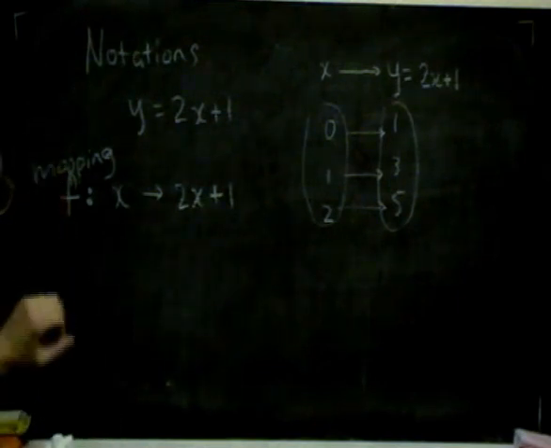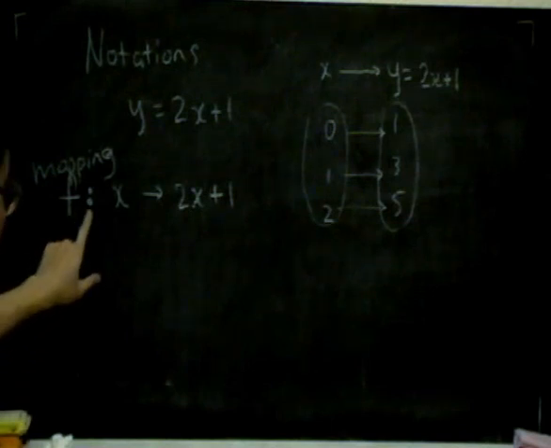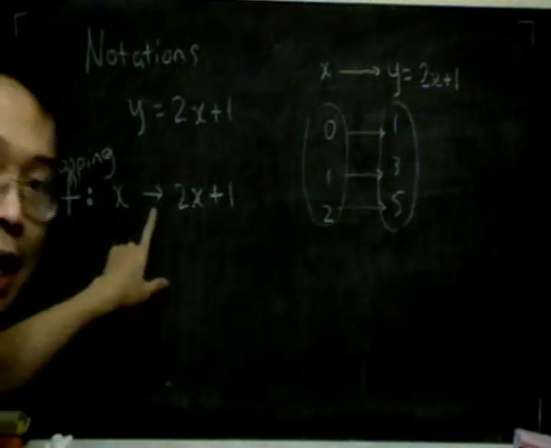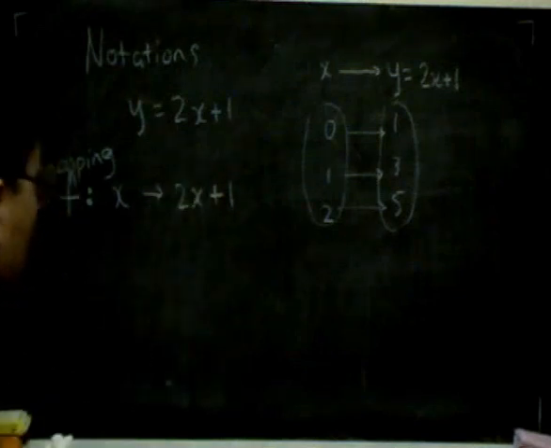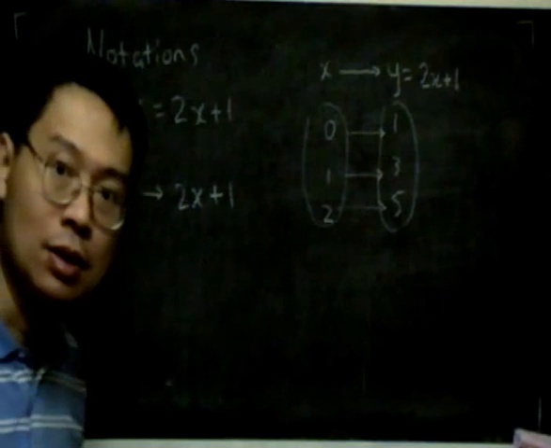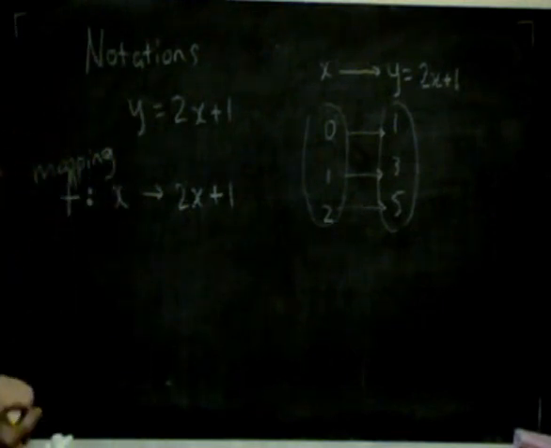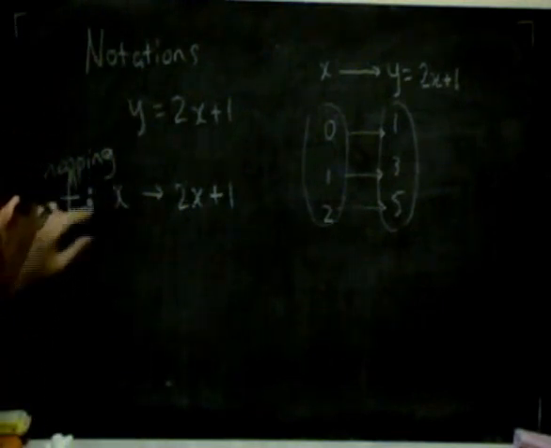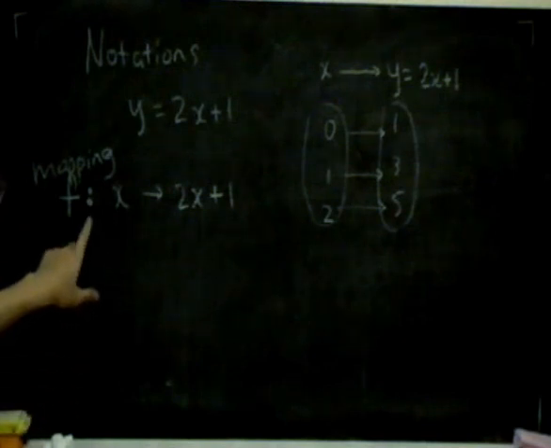So if you see a letter with a colon followed by x and an arrow and then an expression here, it simply means that we are looking at a mapping, and the name of this mapping is f.